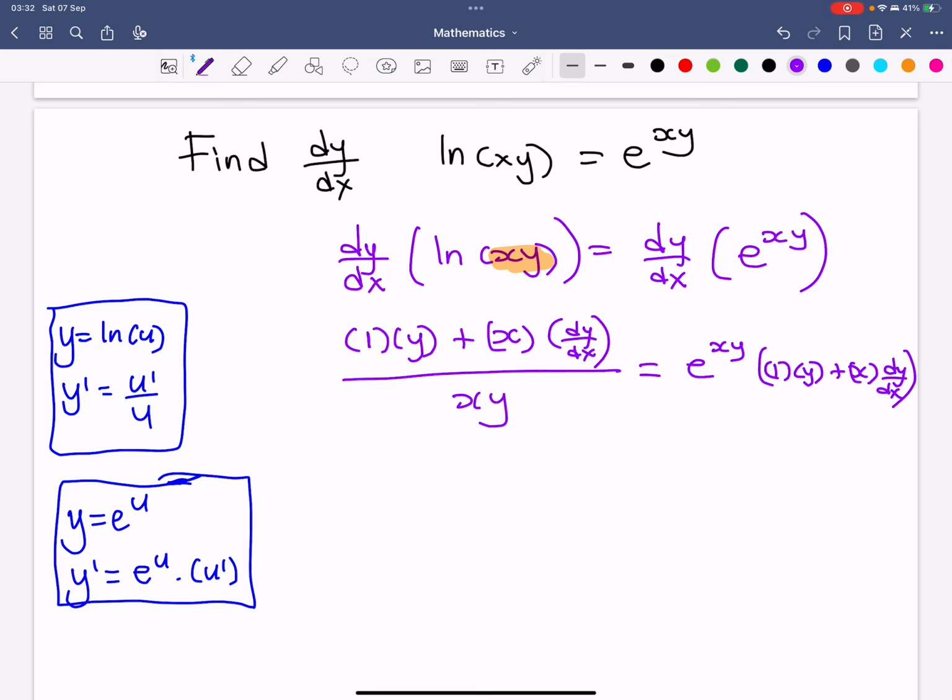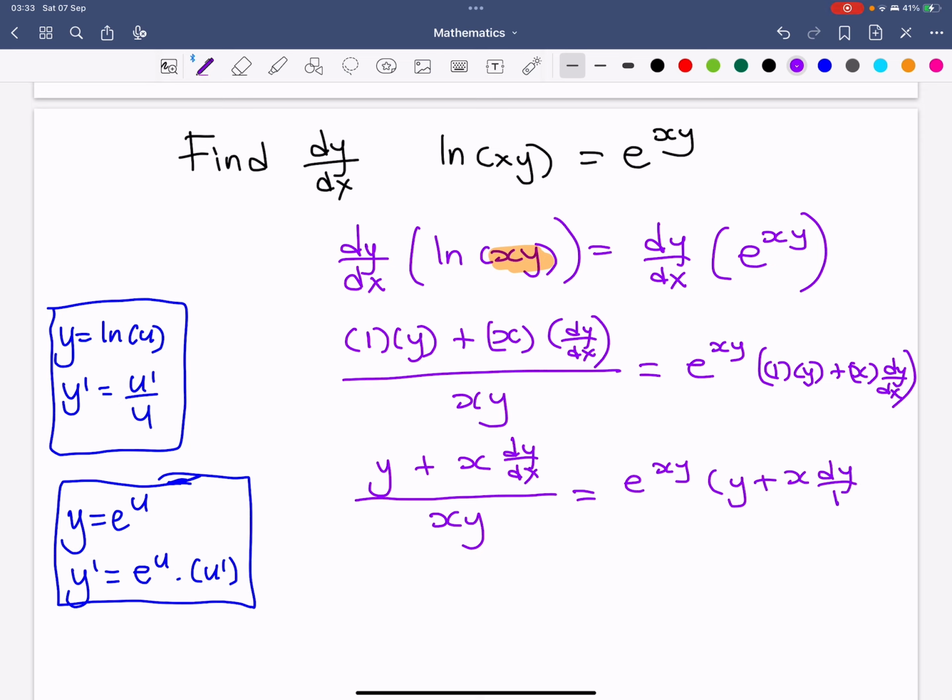What is 1 times y? It's just y plus x dy over dx as it is, over xy, equals e to the xy. And then let me just write it like this before I simplify it.